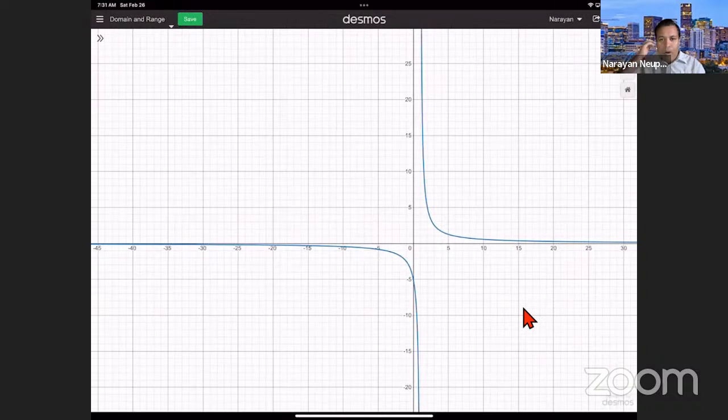If I make it a little smaller, you see it is taking all values except 1. At 1, if you go all the way up or all the way down, we don't have the graph. We have the graph for all values less than 1 and also for all values more than 1. So at 1 we have a vertical break, or we can say there is a vertical asymptote at x equals 1.